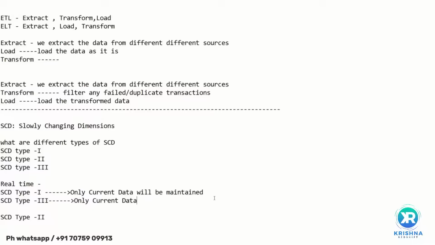I will tell you what partial history is. Partial history means current data plus last 3 months data, or last 6 months data, or last 1 year data, like that, or current year plus last 3 years data. That is SCD type 3.